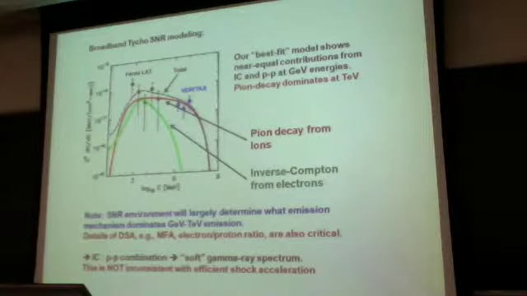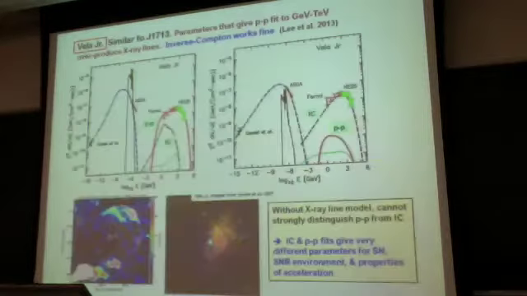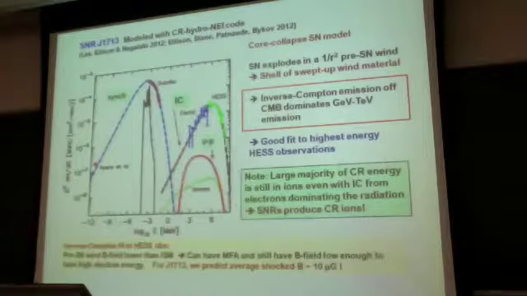So are you saying that supernova remnants do not produce cosmic ray ions? No, I meant to say the exact opposite, but it's important to say this again. Even though the electrons are producing the radiation, because electrons radiate more efficiently, the large majority of the cosmic ray energy is in ions. So the ions are there, they contain most of the energy, but they don't radiate efficiently.